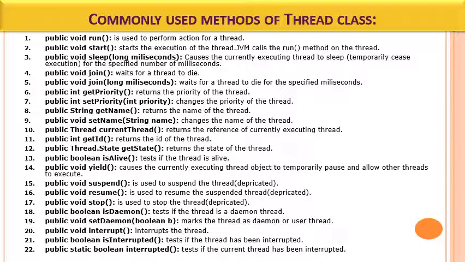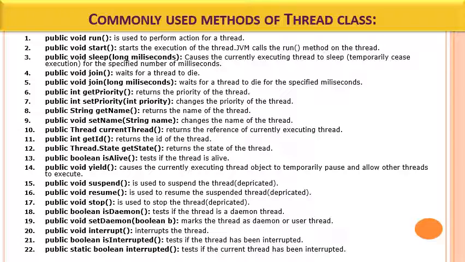The next, the 13th commonly used method, is public boolean isAlive, which tests if the thread is alive. Wherever we are creating a thread, whether the thread is alive or dead also matters.